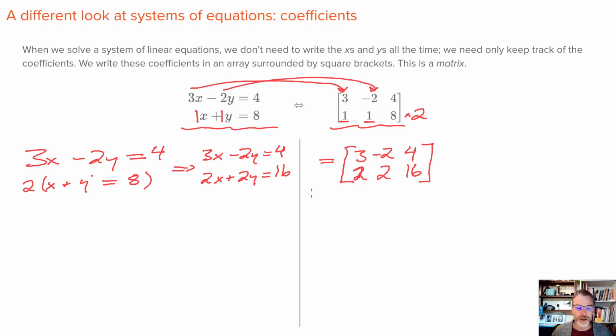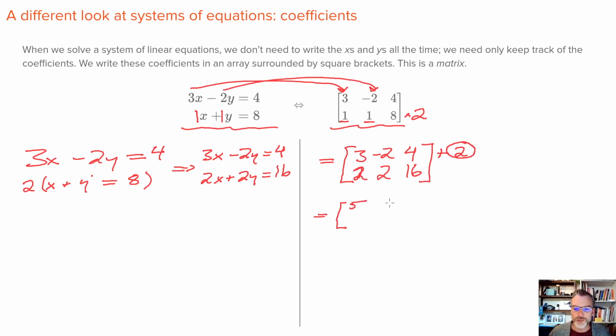Now, if you think back, you remember I added this second row to the first row, or I should say the second equation to the first equation. I can do that with these rows here. I can add the second row, which I'll denote by a 2 circled, to the first row. If I do that, I have 3 plus 2, which gives me 5.